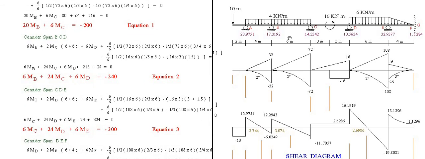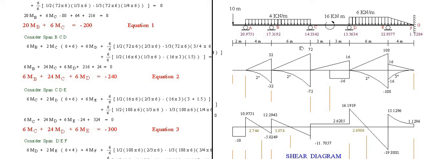Then another equation, BCD. Now you will notice that in a 3 moment equation, the unknowns are the moment. Here in this beam, we have 5 unknown moments: moment at B, moment at C, moment at D, moment at E, moment at F. They are all 5 unknown moments.